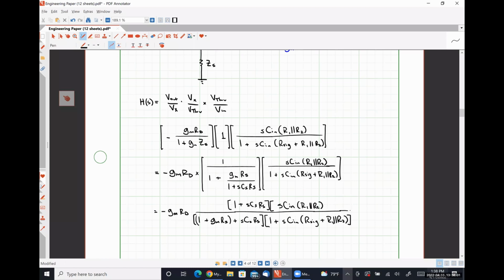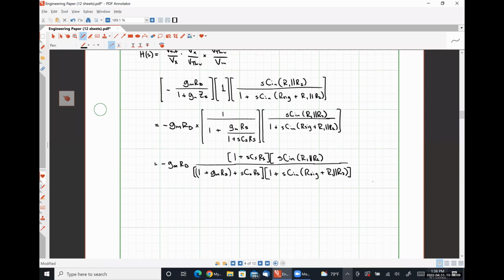Okay. So that is our goal, to write our transfer function. Let me do this in blue.